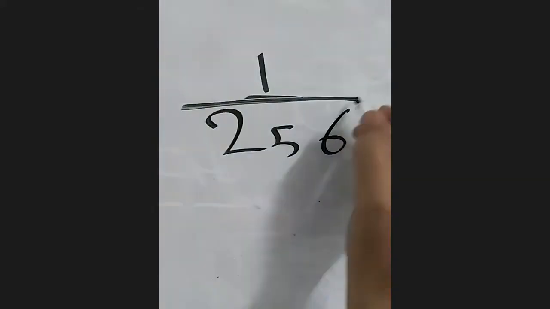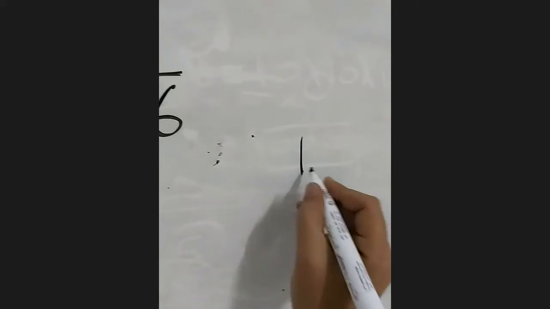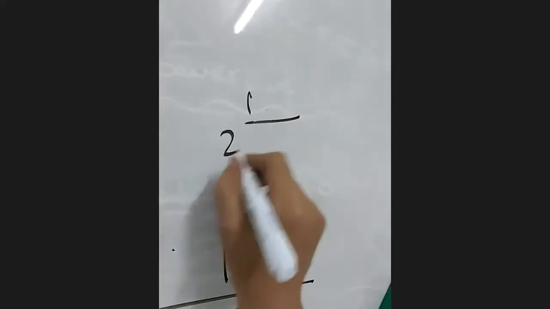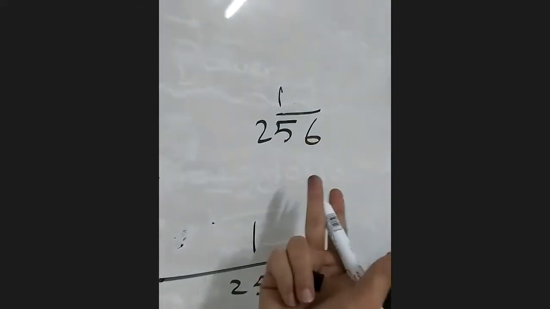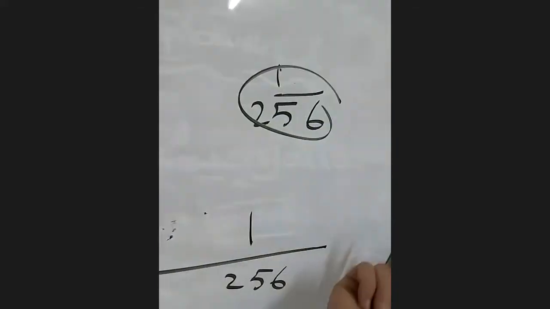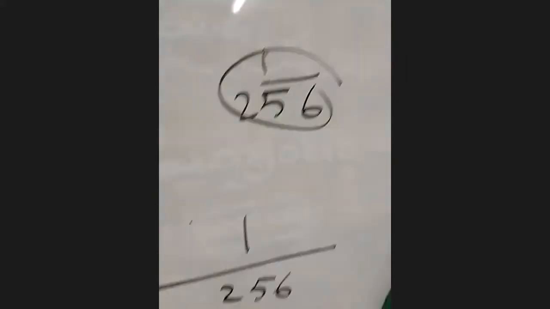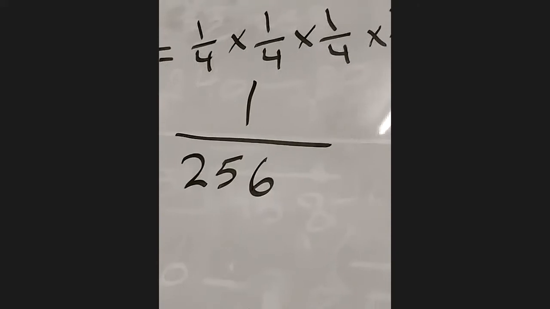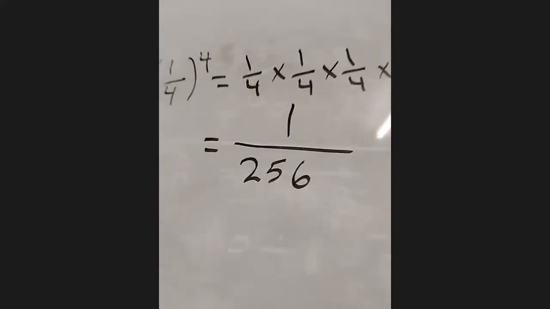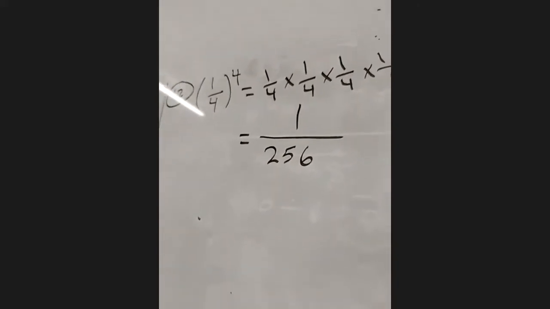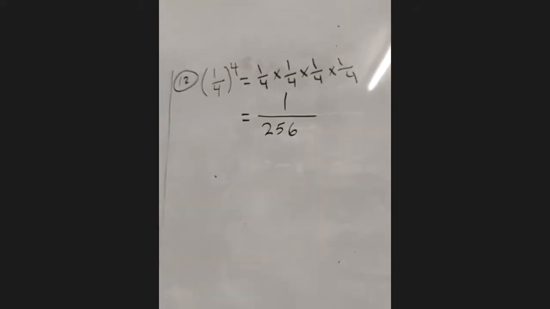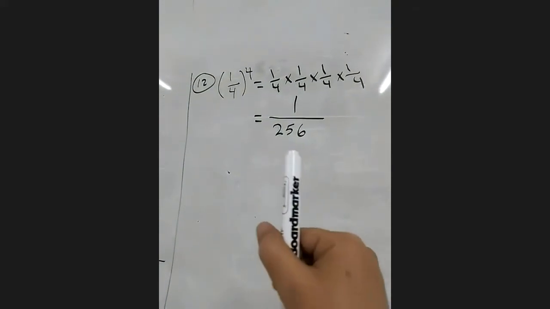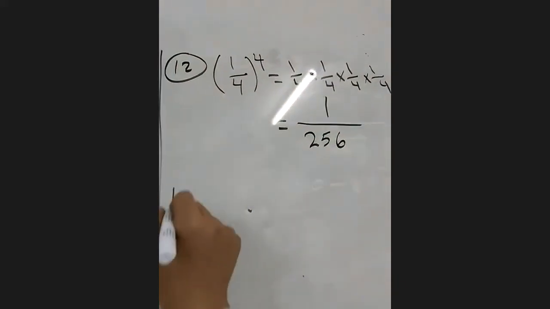Make the long line for all the denominator. 1 over 256, not 1 over 250. If you multiply the 4s down here by itself 4 times, this will be the answer. This is question 12. Question 13.